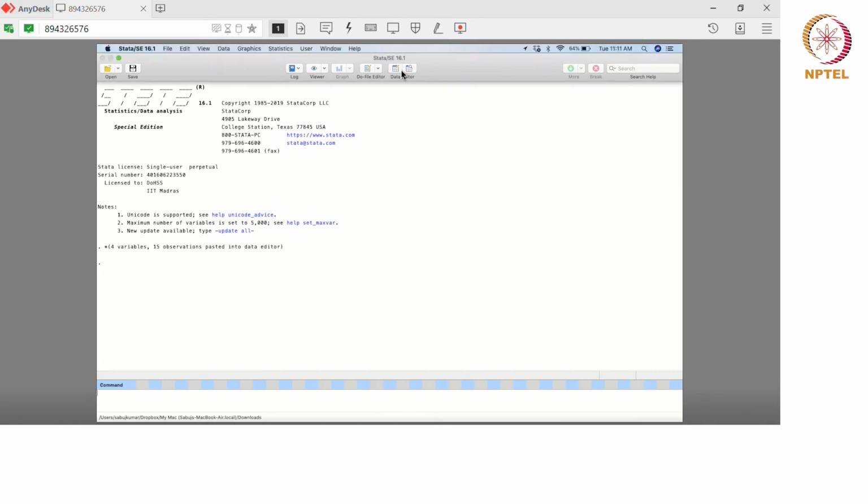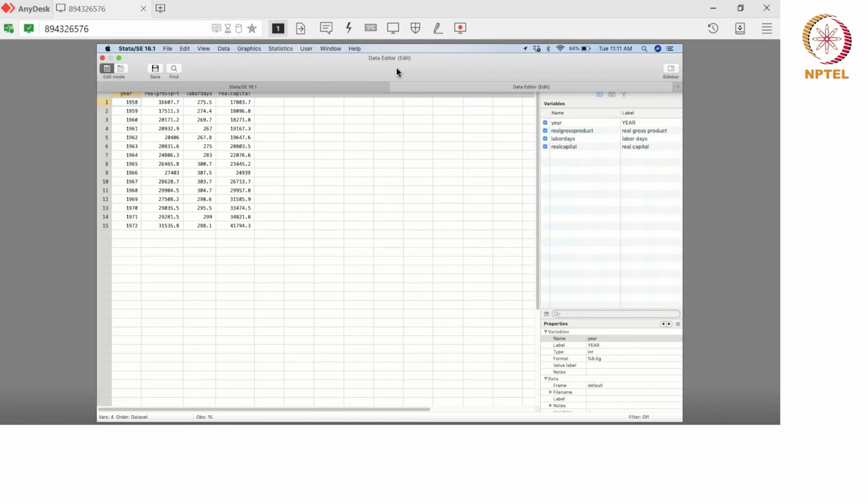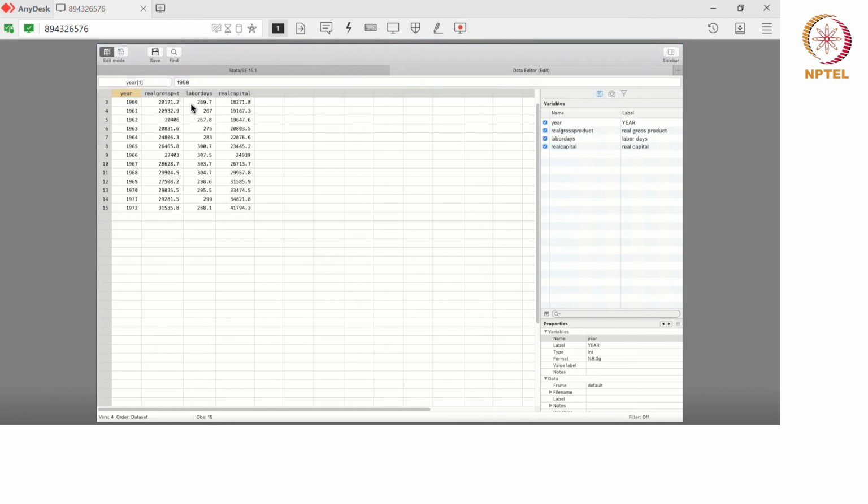And how have we defined the variables? Look at real gross product, then labor days, and real capital.